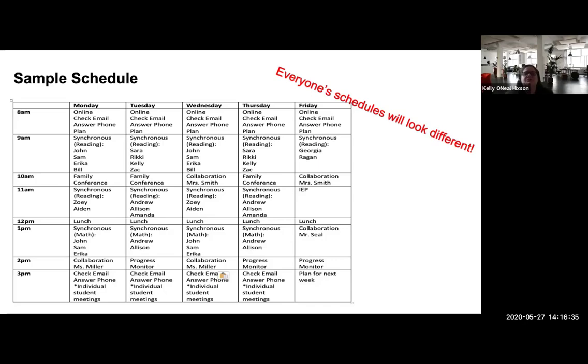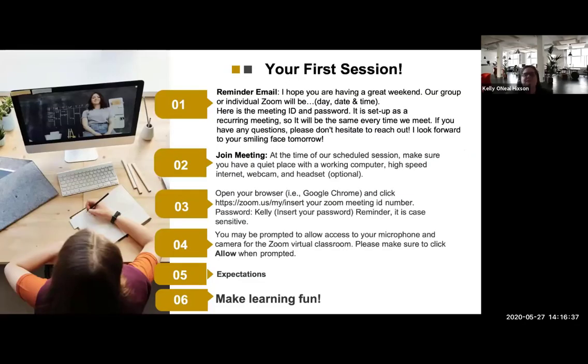So for your first session, send a reminder email. Make sure everything's very clear, exactly how that student needs to get on. It needs to be clear for the parents to join the meeting. Any passwords, I highly suggest it is password protected. I'm sure most of your districts are requiring password protection.